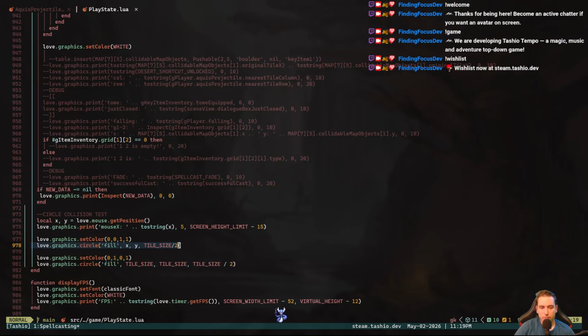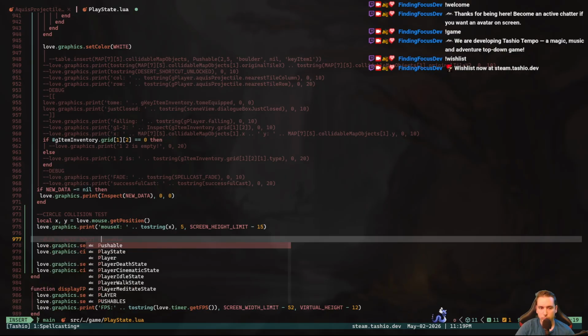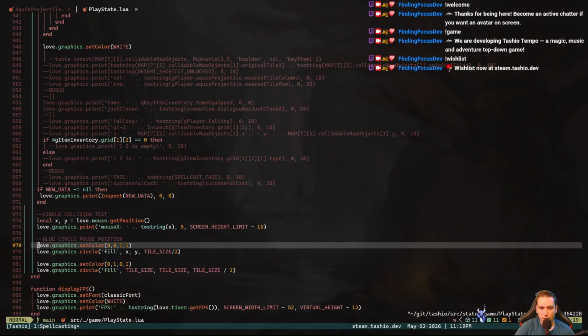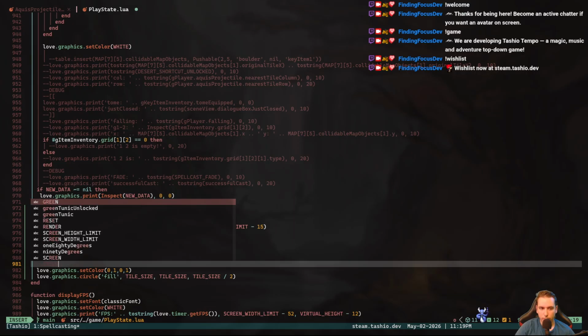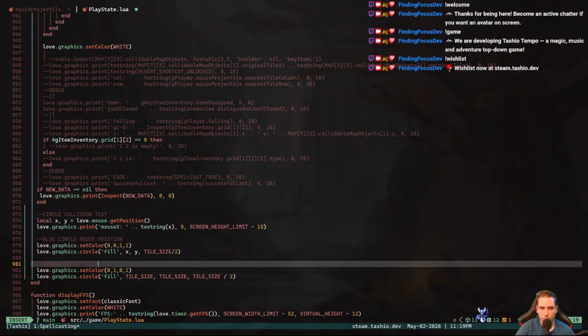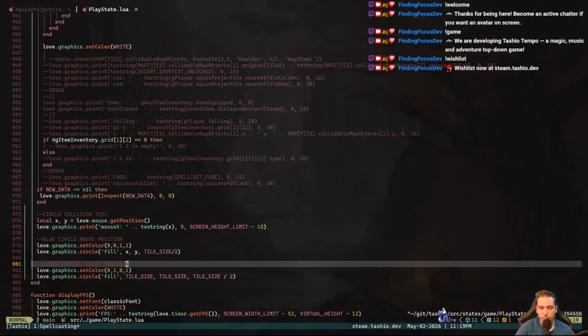So if this X and Y is our blue circle, then this is the target position.